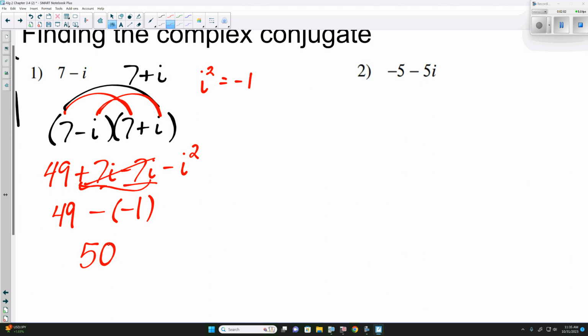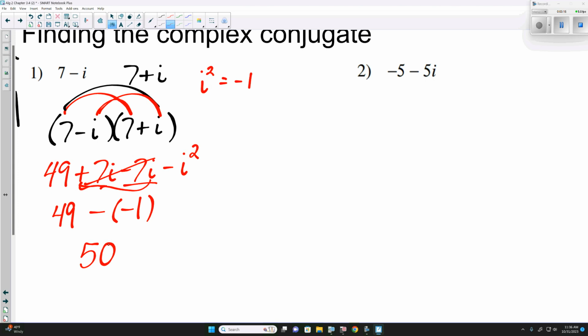And well, 49 minus negative 1 is the same as 49 plus 1, which gives us 50. So we started out with two terms that both had i, and when we multiply them together, we get a real number. So when we multiply complex conjugates together, the i terms simplify out.